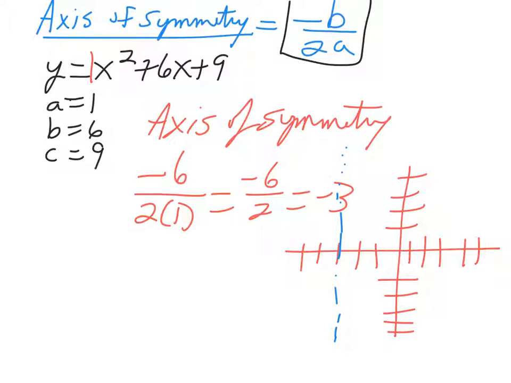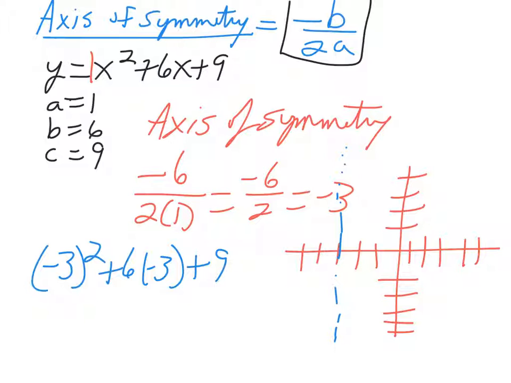Alright, and to do that, I'm going to take my negative 3 and put it into my original equation. So I have negative 3 squared, plus 6 times negative 3, plus 9. Negative 3 squared is 9. 6 times negative 3 is negative 18, plus 9, so I have negative 9 plus 9, which equals 0.